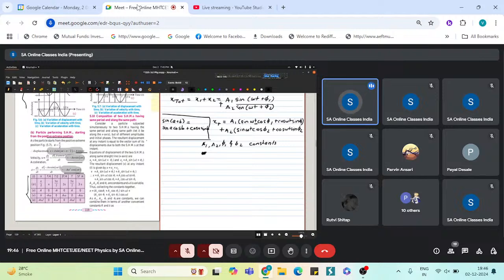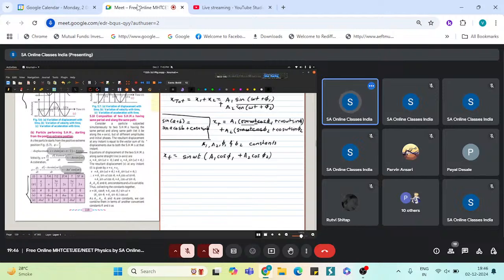So the term with variable is sin omega t. So we can just take sin omega t common and rearrange this equation as x(t) is equal to sin omega t, and then we'll write a1 cos phi 1. So this term is gone, plus a2 cos phi 2.